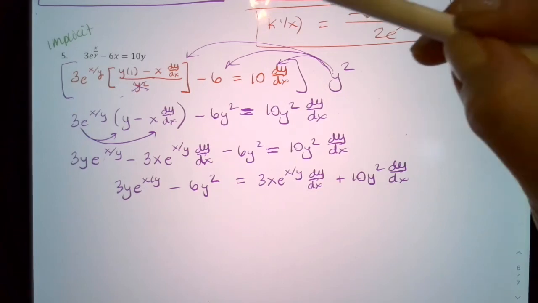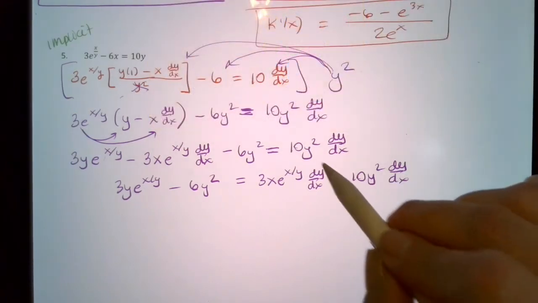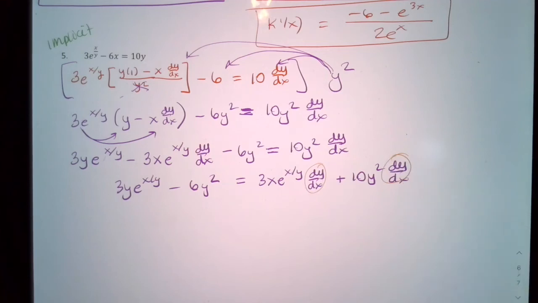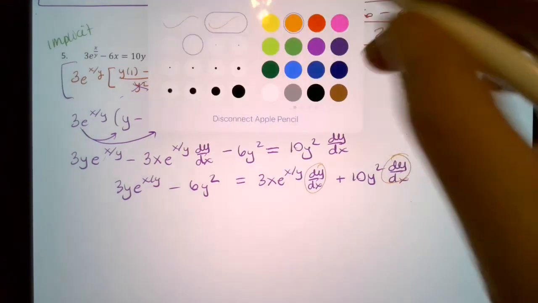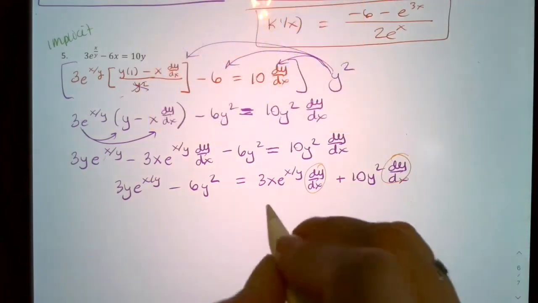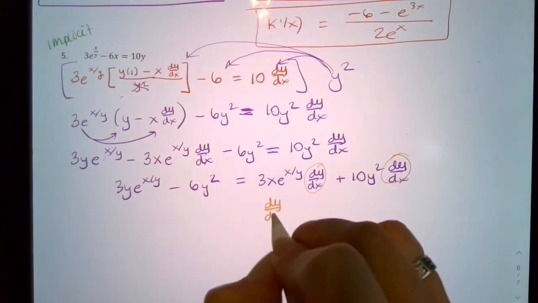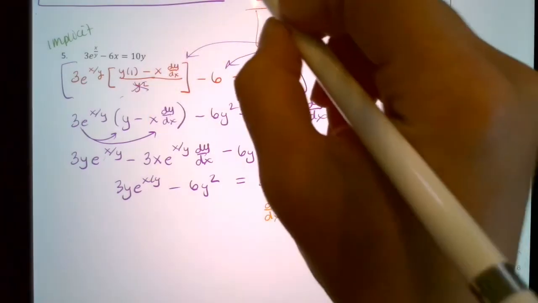So once again, the reason I separated those is to recognize the GCF over here of dy dx, which is exactly what I'm trying to get by itself. That's the entire point to all of this. So I will preserve that. Let's just write it, dy dx. And that is all multiplying.